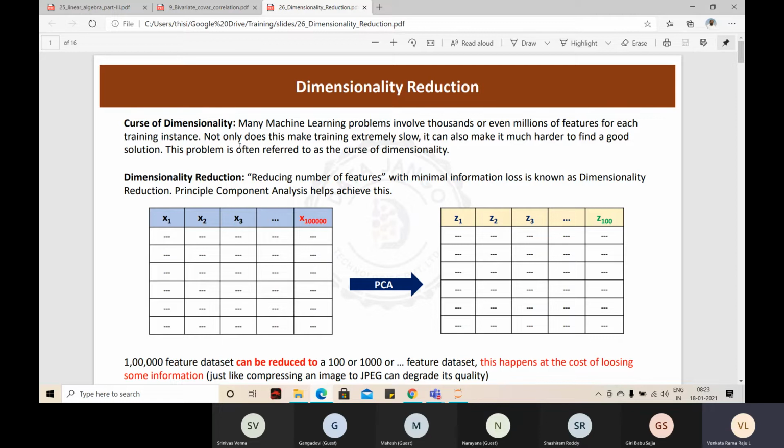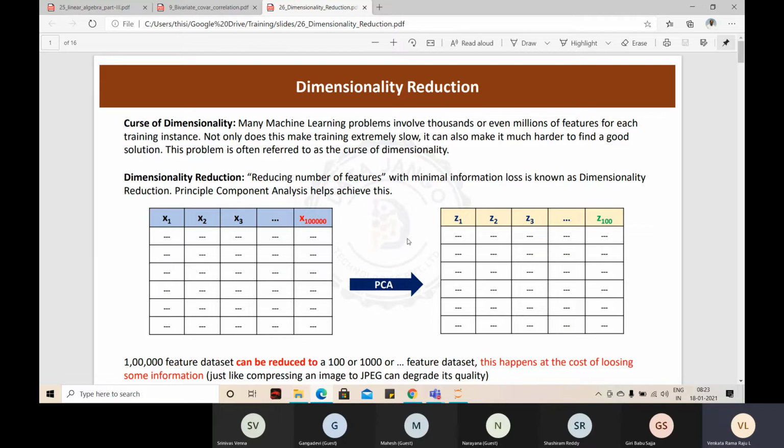When there are too many columns, the algorithm will try to decide the importance of features, and you don't know whether it is finding the best one or not. The problem is often called the curse of dimensionality. This is for definition purposes. We'll use dimensionality reduction to reduce the number of columns and try to build a model.